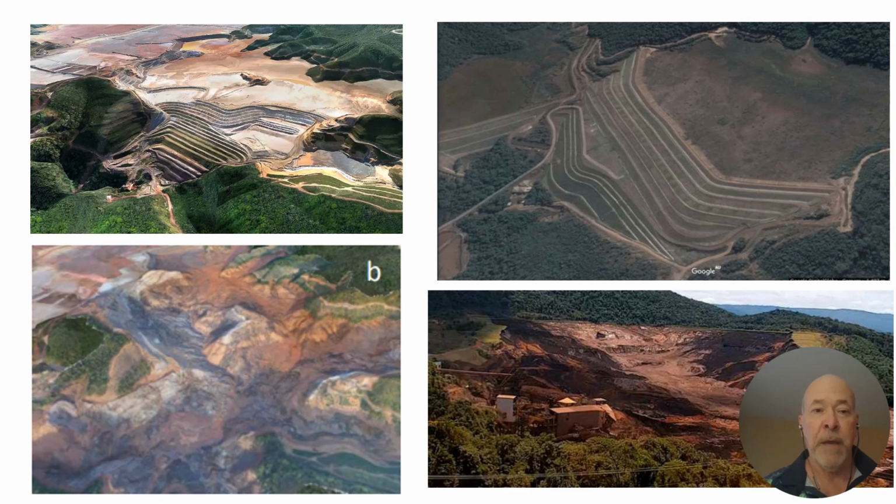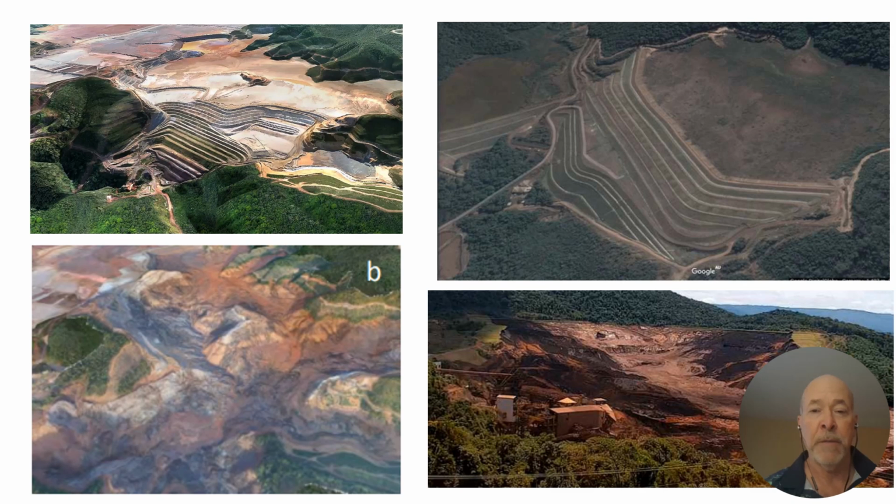So let's talk about static or flow liquefaction. First of all, Peter Robertson prefers to call it flow liquefaction because it can happen under either static or non-static conditions. We'll talk about that a little bit later. So here on this page, we have a couple of facilities in Brazil that failed a few years ago. Upper left-hand side is Samarco.